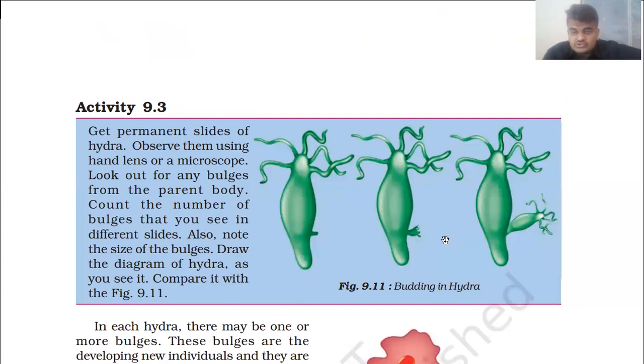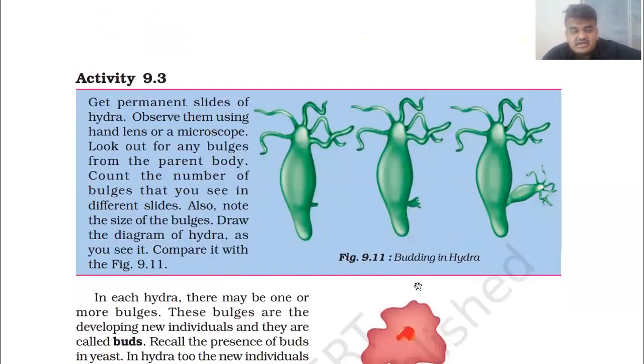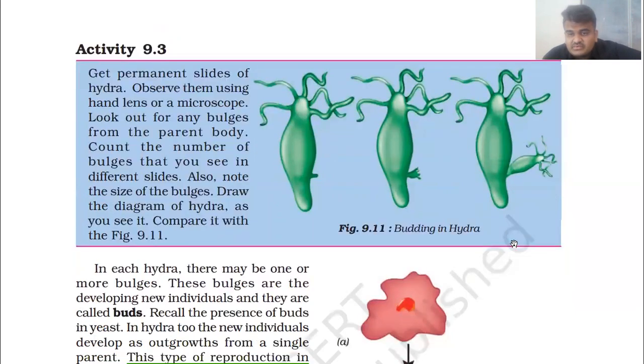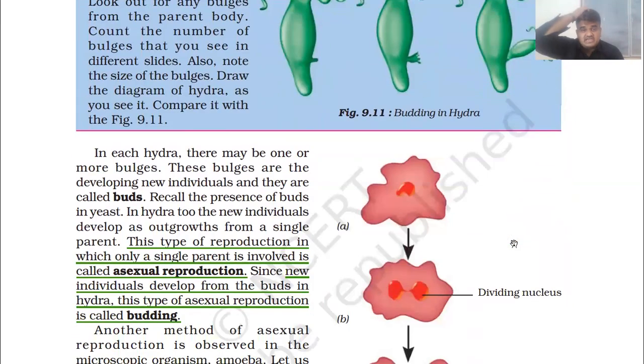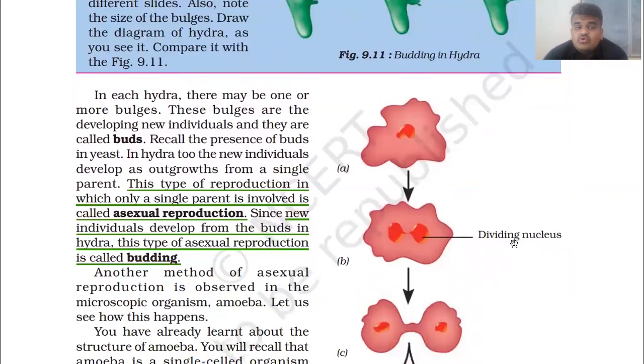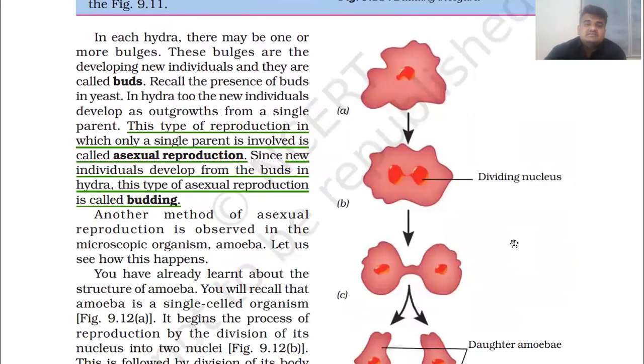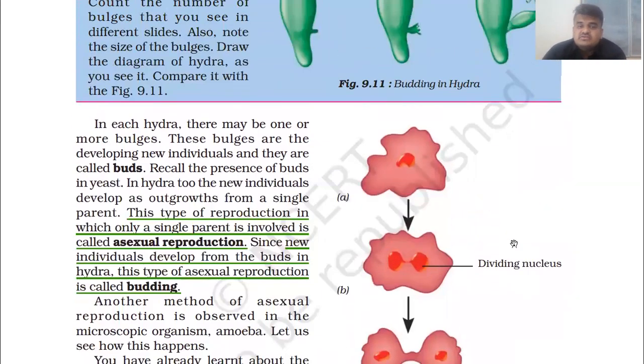After completing this activity, you will observe something like this in hydra. In each hydra, there may be one or more bulges. These bulges are developing new individuals and they are called buds.